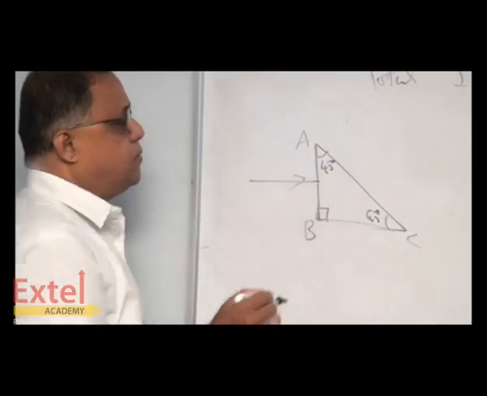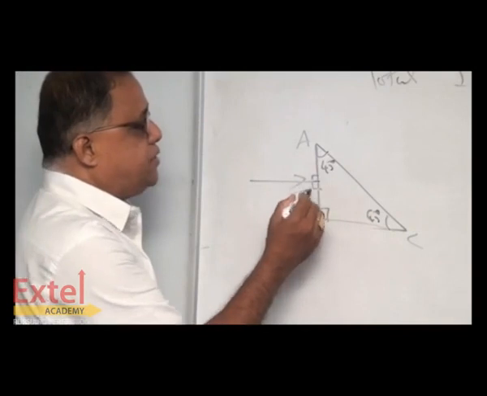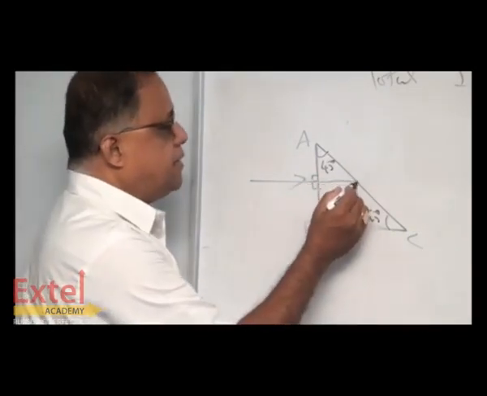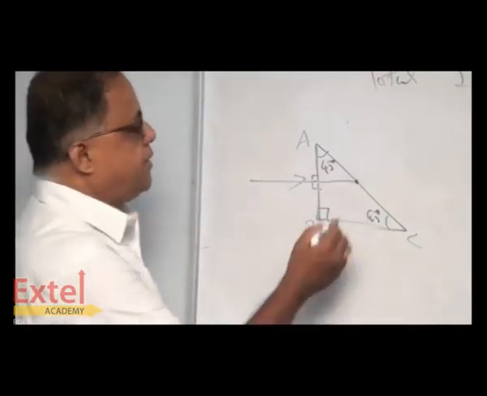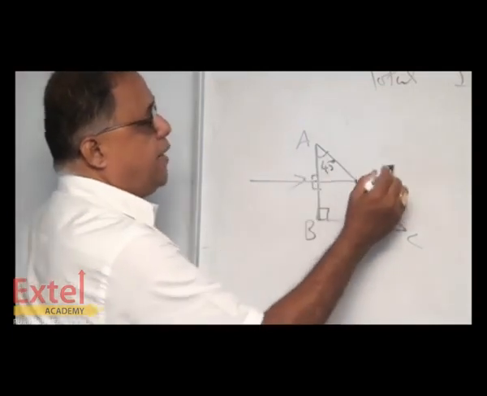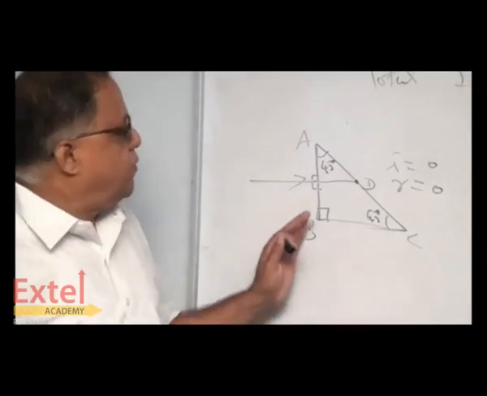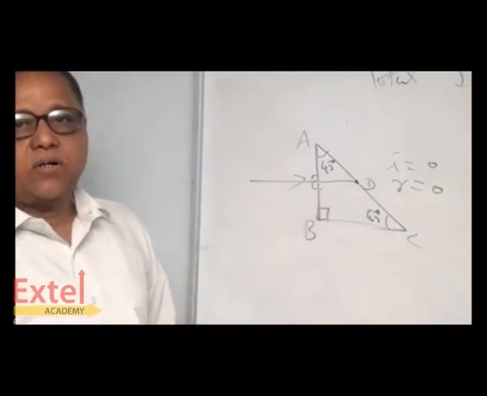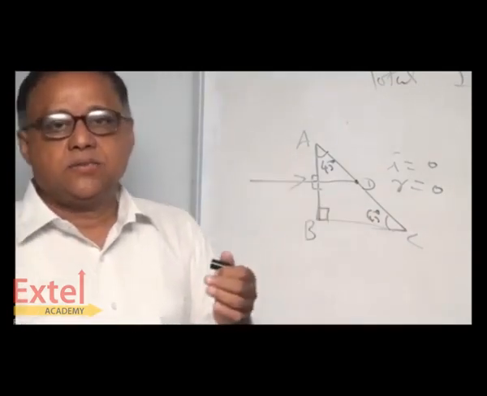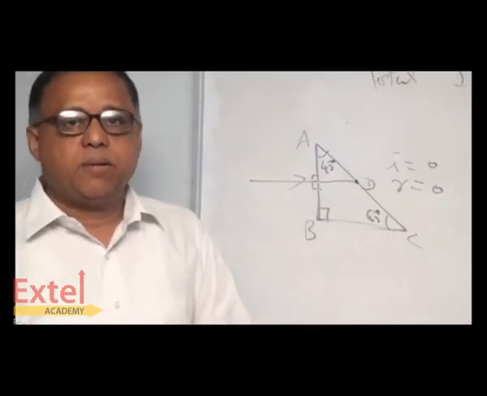The ray is going towards the side AB, and here there is no change in the path, but there is a change at the side AC, or at D. In this AB side I is equal to 0, R is equal to 0, so the ray will go in a straight line, undeviated. We can give examples: in the concave mirror the principal axis, in the convex lens the principal axis, or any ray passing through the optical center, it will be undeviated.